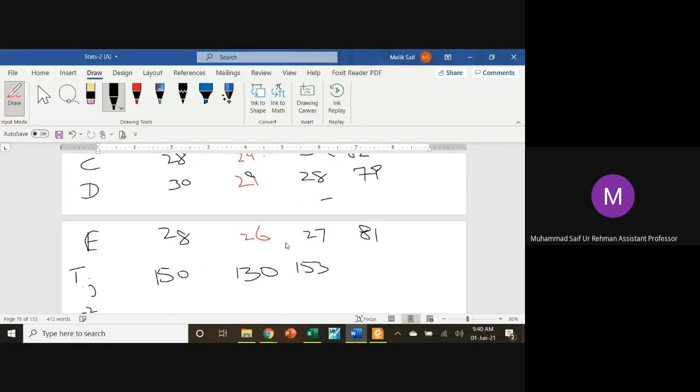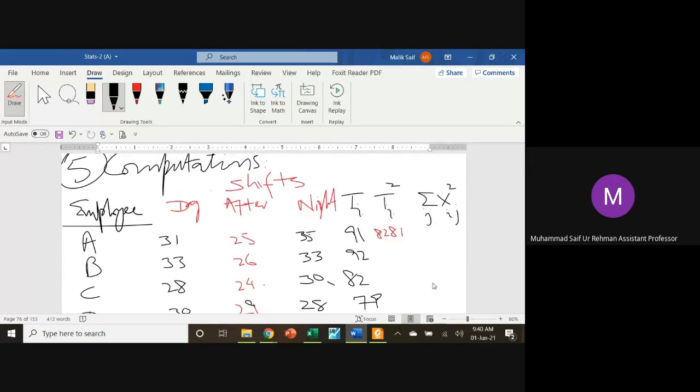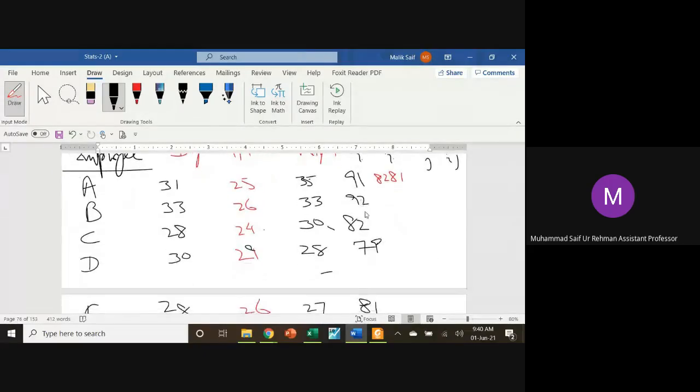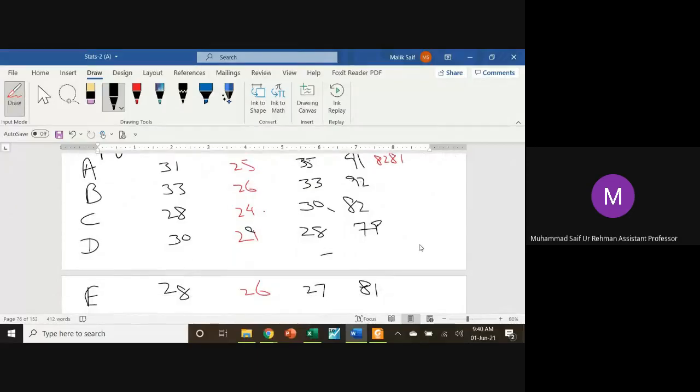Similarly, add these values: 91 plus 92 plus 82 plus 79 plus 81. What is your answer?